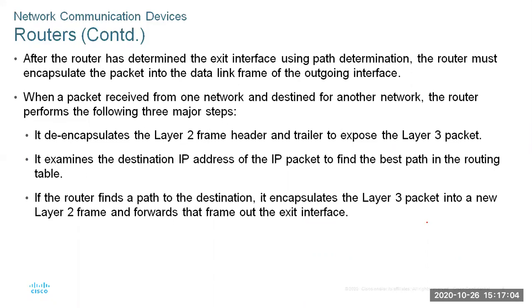So after the router has determined the exit interface using the path determination, the router must encapsulate the packet into the data link frame. So the encapsulation that we're talking about is the process of adding header information from the top to the bottom. That's from application layer, presentation, session, transport, network, data link.